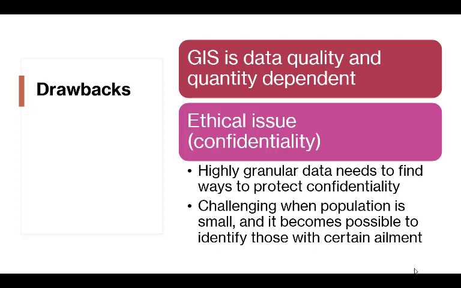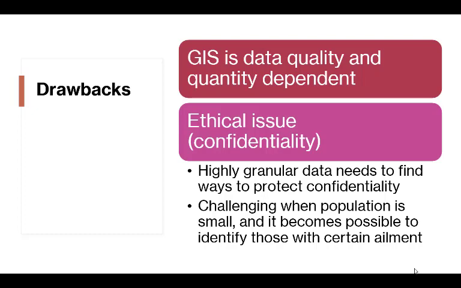The ethical issue of confidentiality is a very important thing, because since the data is spatially referenced, it becomes possible for people to find whomever you're referring to. So I'll give you a very simple example.